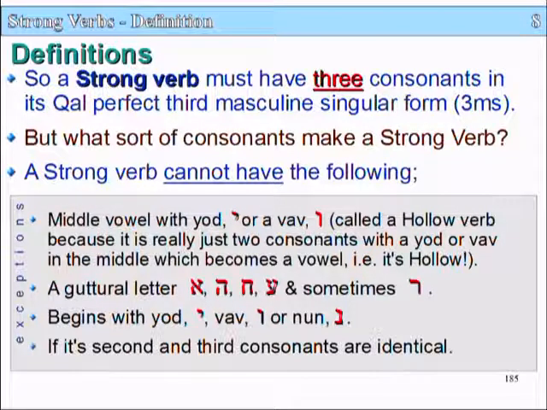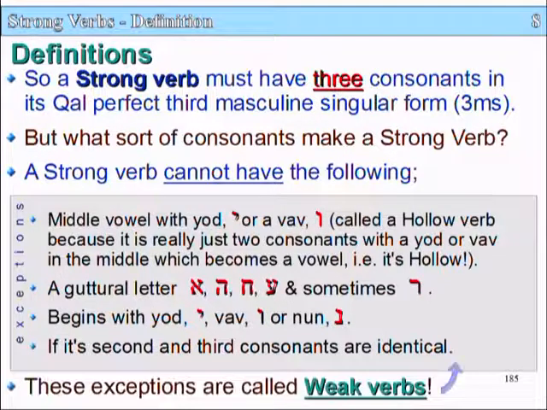If its second and third consonants are identical, so if the last 2 consonants are the same, then it's not a strong verb. So all these exceptions for what a strong verb can't be are called weak verbs. So anything with any of these characteristics is a weak verb, and anything that doesn't have these characteristics is by default a strong verb.